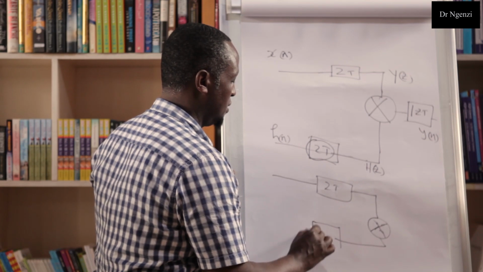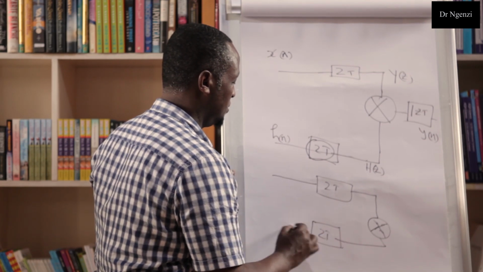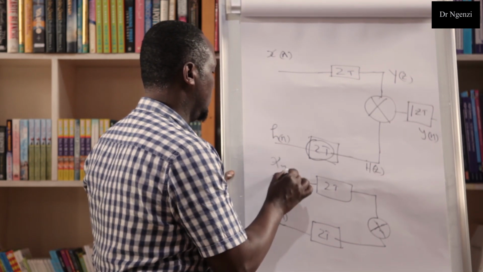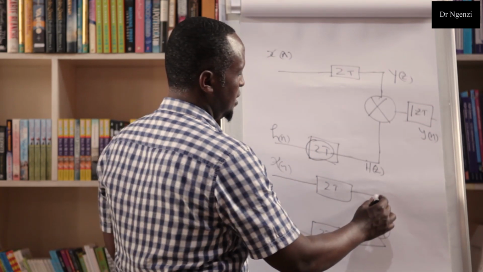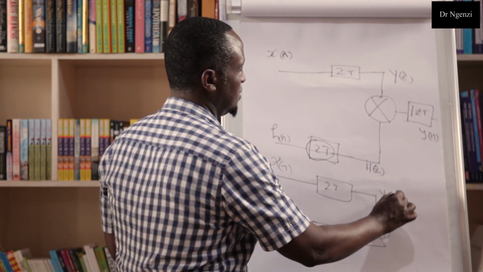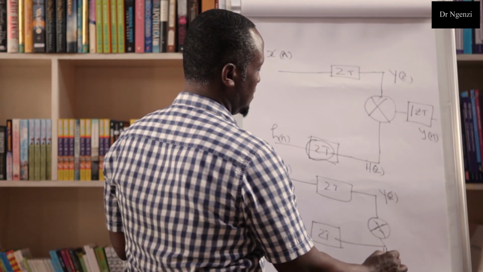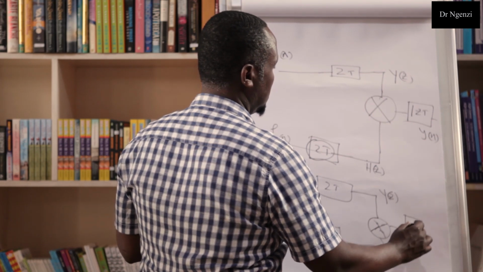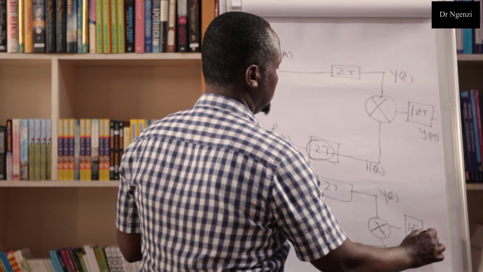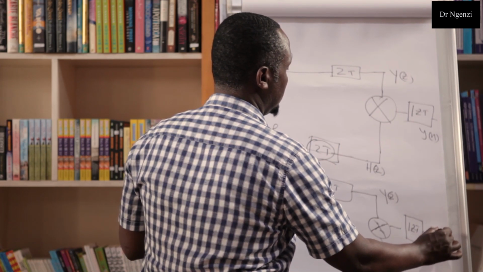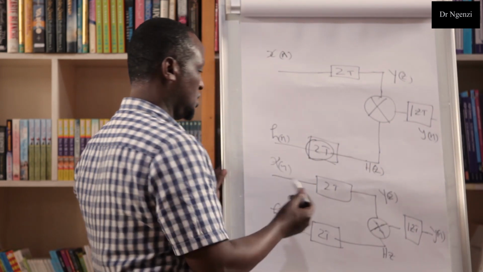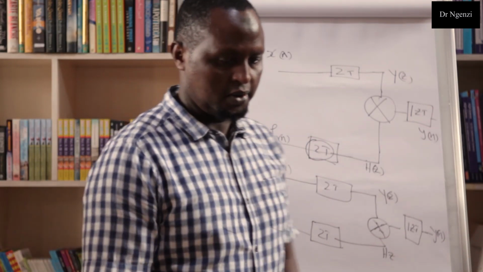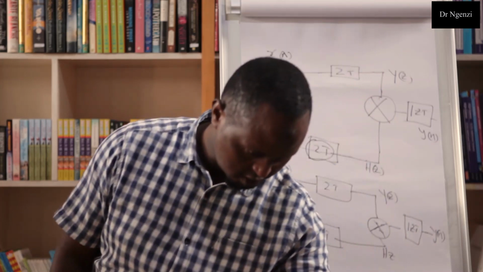Then you can sketch it like this: Z transform of h of n and x of n. The yield here is going to be this, and this is going to be H of Z, and the resultant is going to be the inverse Z transform, which is also y of n. So this is the small sketch of the computation of the convolution sum.